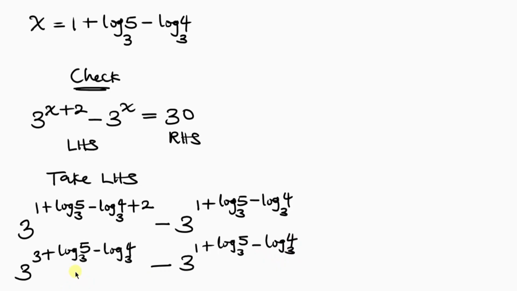Now, we're going to be applying the law of indices here. The law of indices says when I have a to the m plus n, this is the same as a to the m times a to the n.